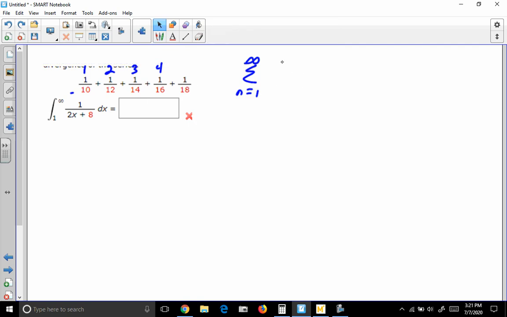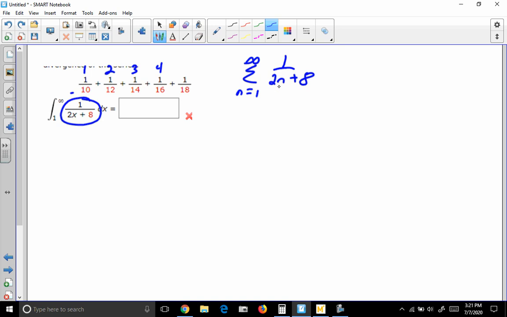And we're using 1 over 2n plus 8 for our formula. This one is in terms of x, that one is in terms of n. Remember, n goes from 1 to infinity, and n is an integer. X goes from 1 to infinity, but it can be any real number.